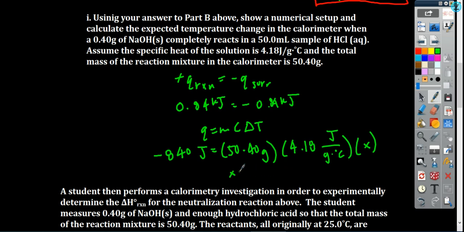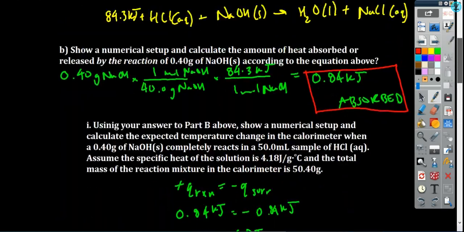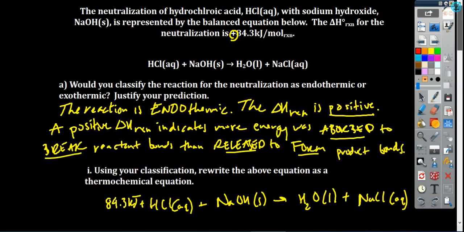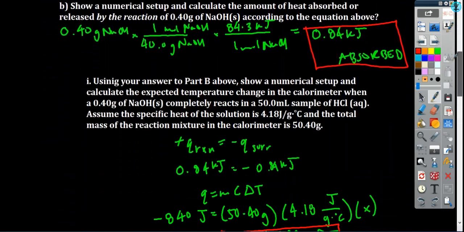So my delta T is going to be negative 4.0 degrees Celsius. That's my delta T. I expect a decrease in the temperature of the surroundings or in the calorimeter.